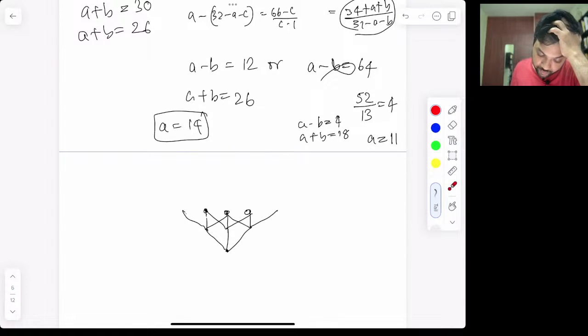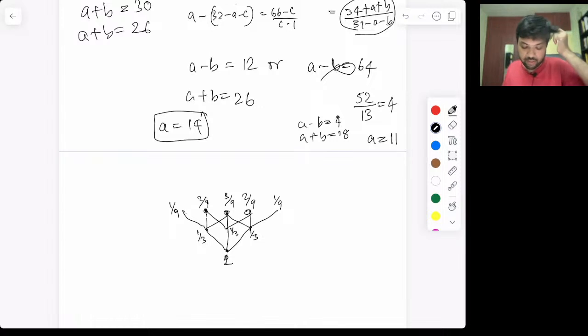Yeah, that's correct. So this is 0, this is total 1, then it becomes 1/3, 1/3, 1/3, then it becomes 1/9 and 2 by 9, 2 by 9, 3 by 9 and 1 by 9, 4, 7, 9 by 9, and so on. So what is the pattern?